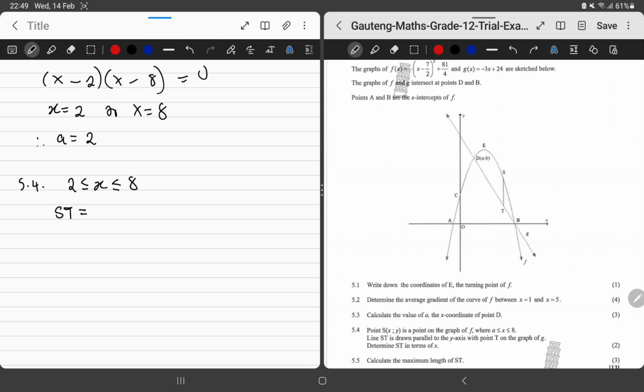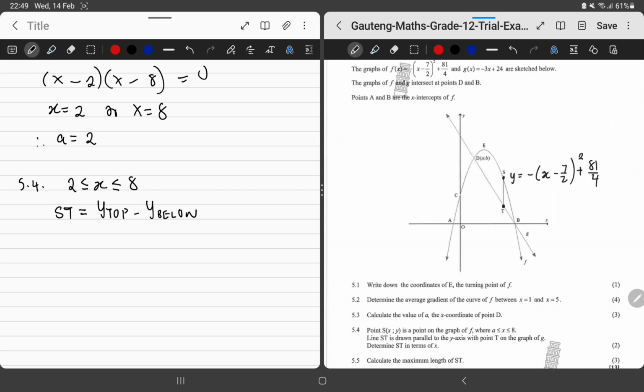ST should be equal to, if I want to find this distance right here, I need to know what the y value is there and then what the y value is there. So I'm going to say the y value that is on top minus the y value that is below. This y is represented by negative (x minus 7/2) squared plus 81/4.